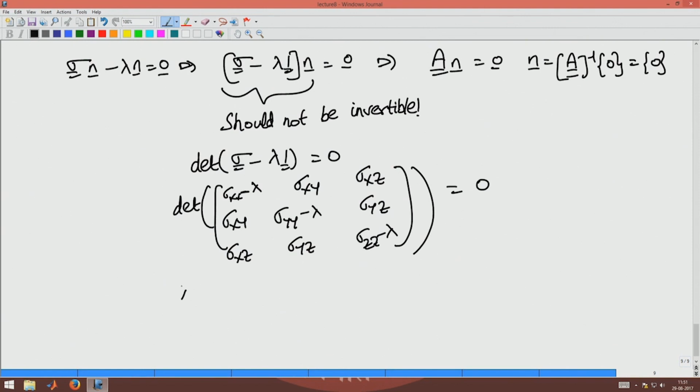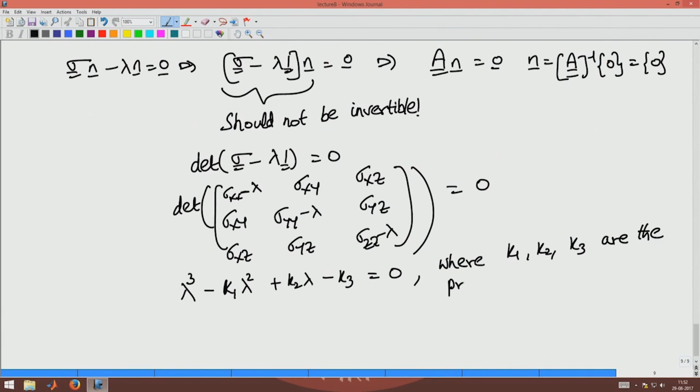That cubic polynomial can be written as lambda cube minus k1 lambda square plus k2 lambda minus k3 is equal to 0. This is where the principal invariants of the stress tensor arise, where k1, k2, k3 are the principal invariants of the stress tensor.